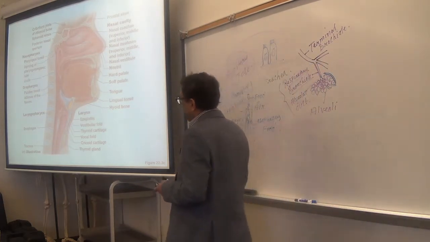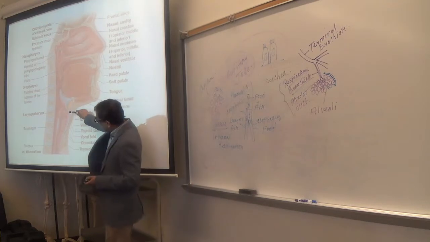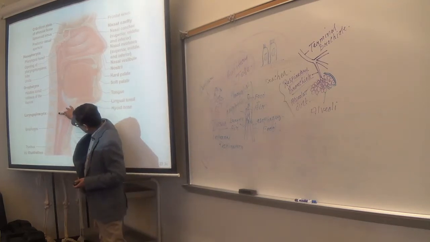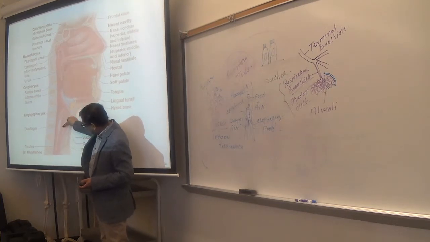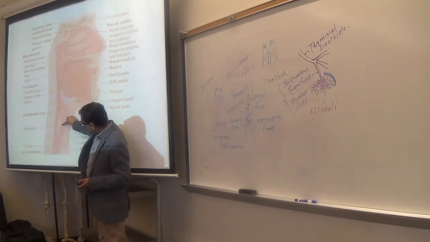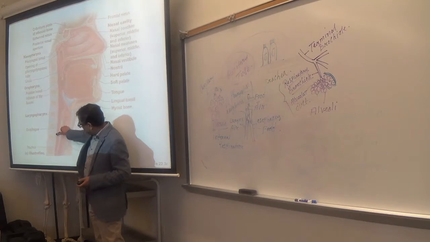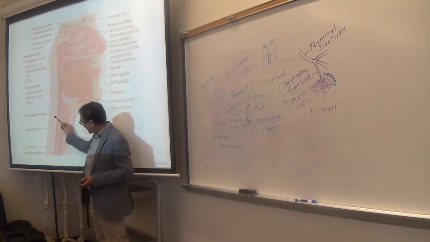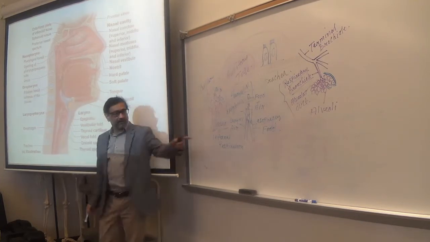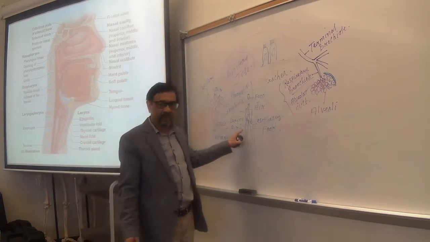Okay. Now here you see from the lower end of the pharynx, the last part, the laryngopharynx, the respiratory and digestive tracts get separated. This is the esophagus in the back and the larynx in the front.